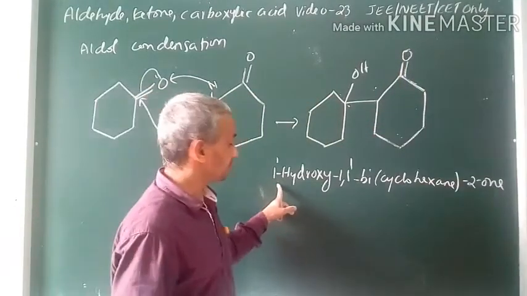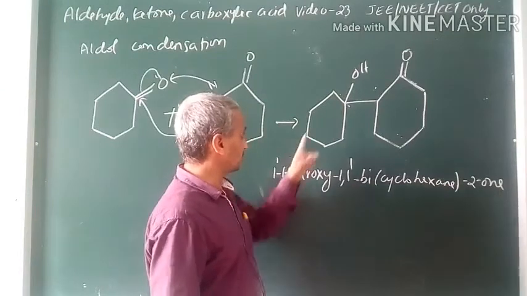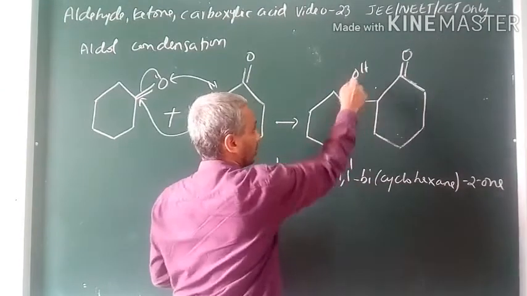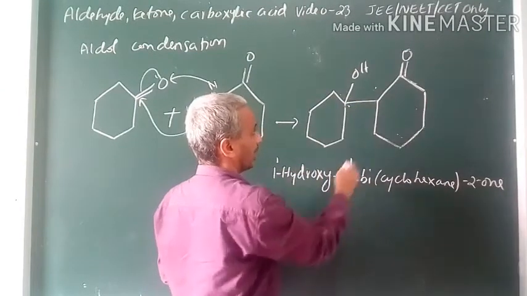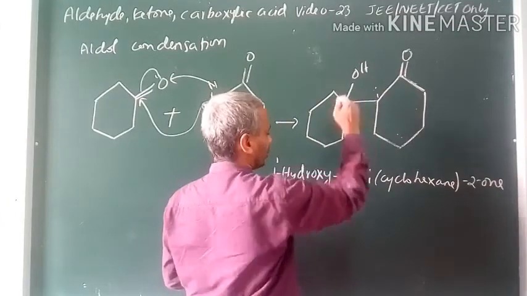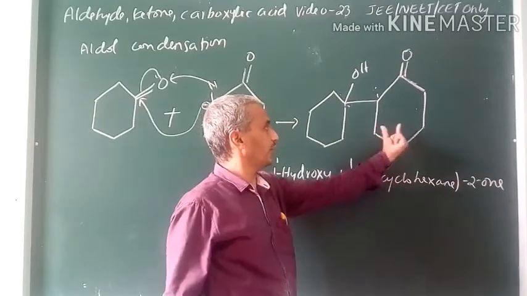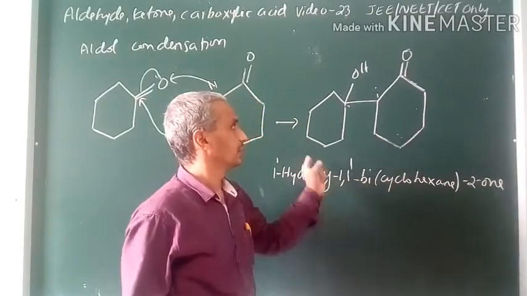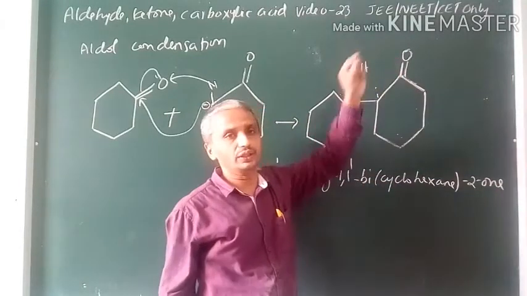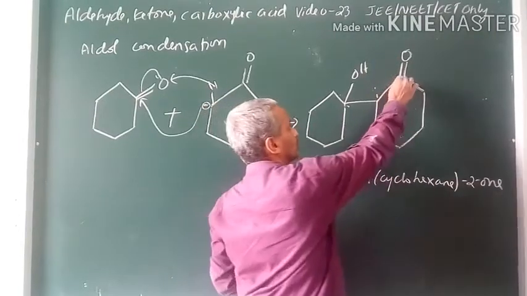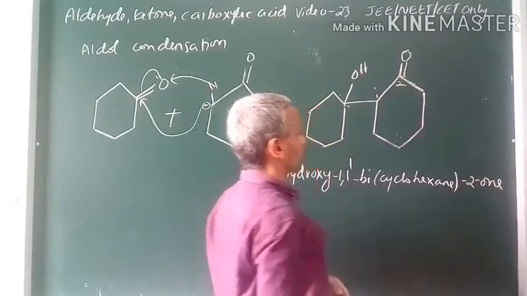The name is 1-hydroxy, add carbon number 1 and 1 dash by cyclohexane and 2-one. At carbon number 2, there is a ONE group.